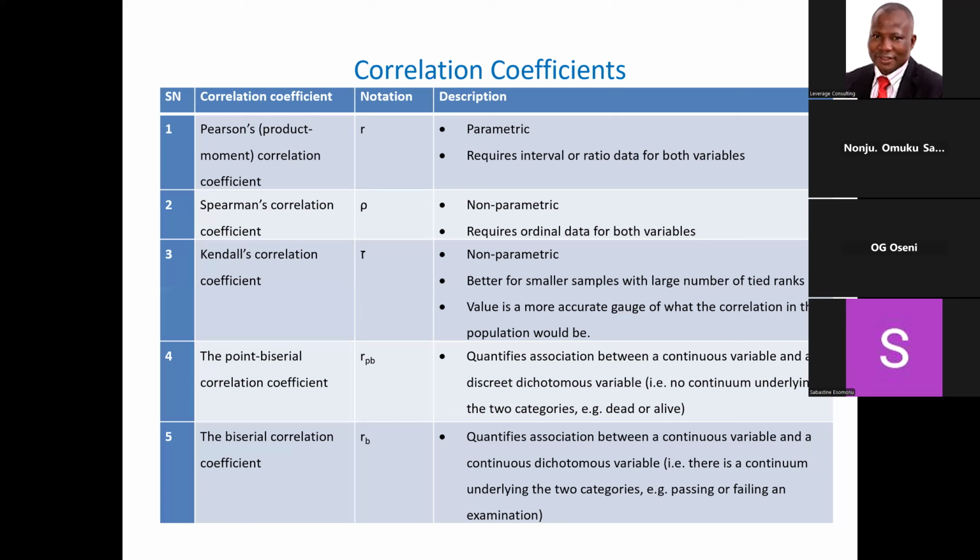There is a numerical variable underlying it. It's the same when you say somebody is anemic: it's a continuous dichotomous variable, in the sense that you measure hemoglobin concentration or PCV and have a cutoff, with anything below it anemia, and above it normal. Anemia, yes or no.